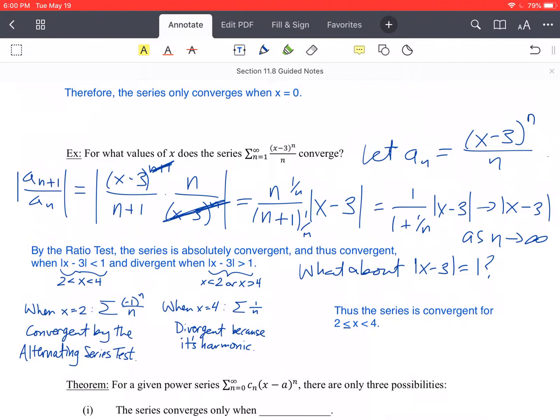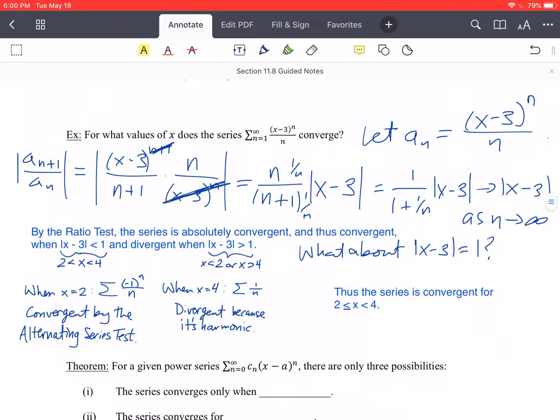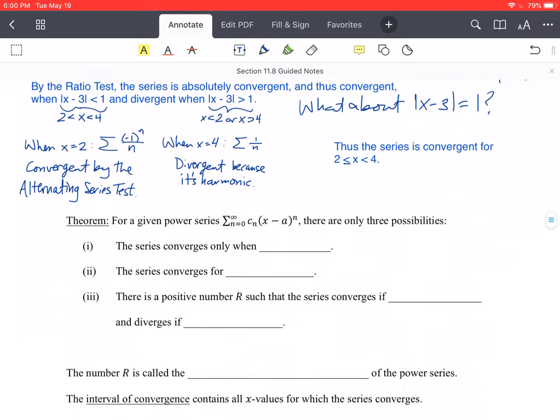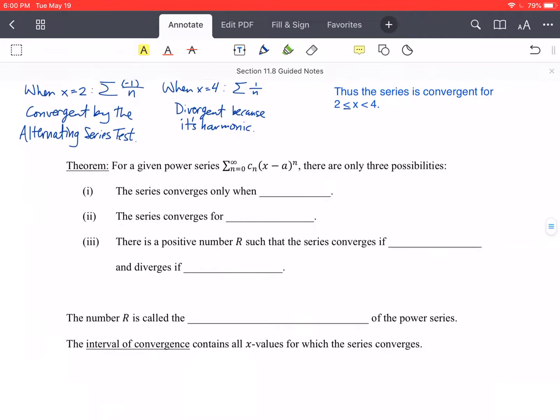All right. So when we're talking about convergence or divergence of a power series of this form centered at a, there are only 3 possible outcomes when it comes to the convergence of these. So the series could possibly converge only when x equals a.